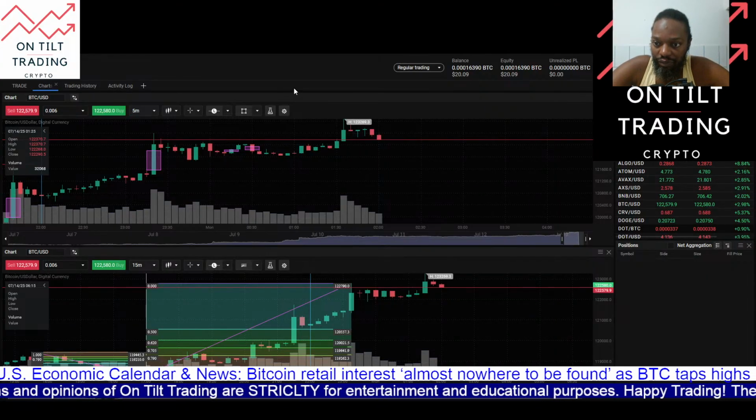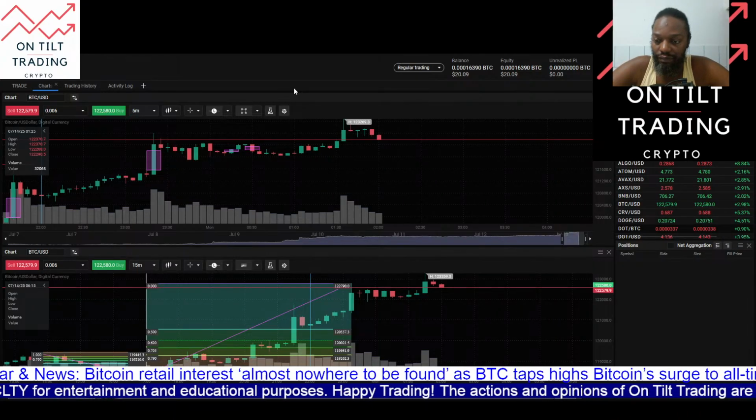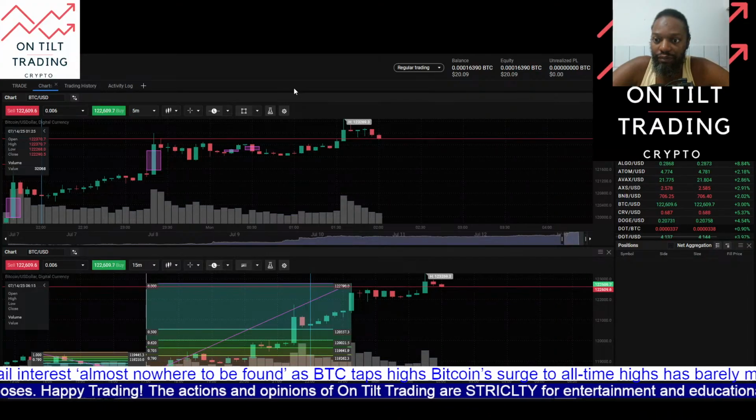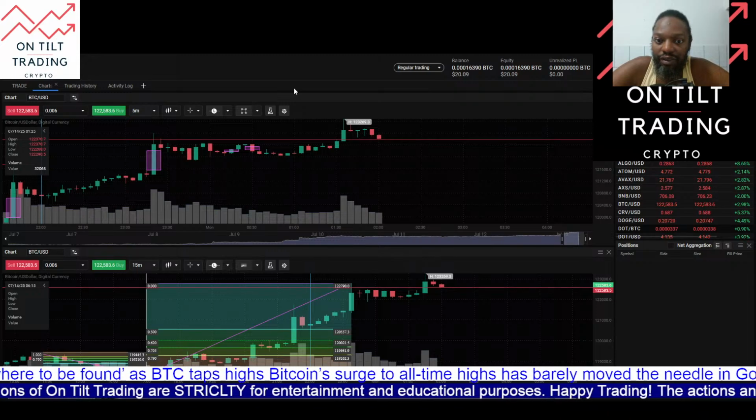Price holding here, the 122,580 level. Now consolidating back at the 122,600 level.